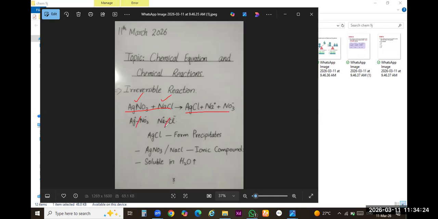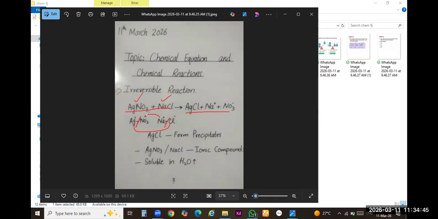But keep in your mind the pattern which I have told you about how to write the chemical formula. When new formulas are formed, you should keep it in your mind. We will always write the positive ion of the first element first and negative ion later. Positive ion first and negative ion later. Clear?